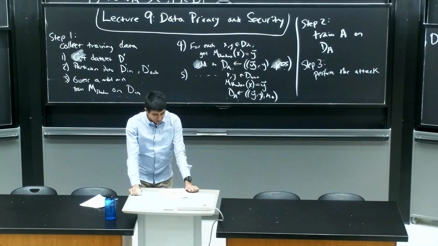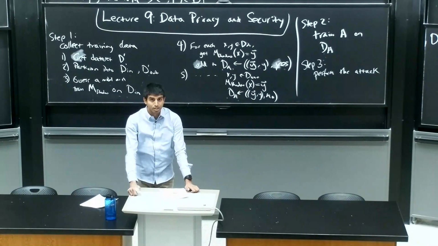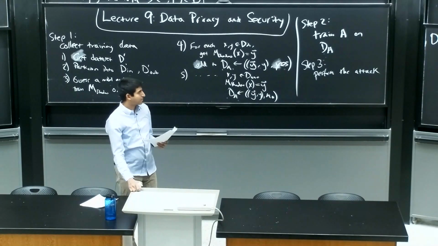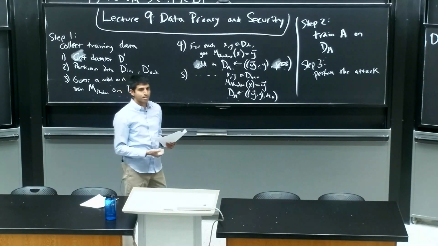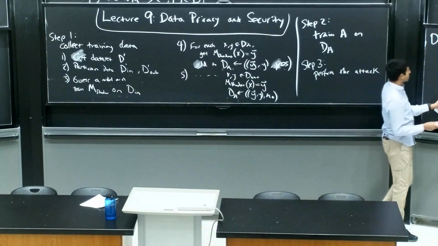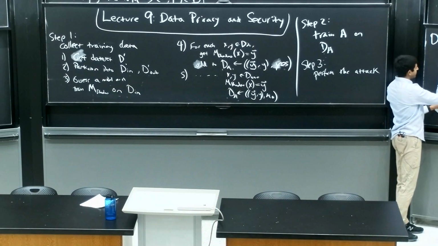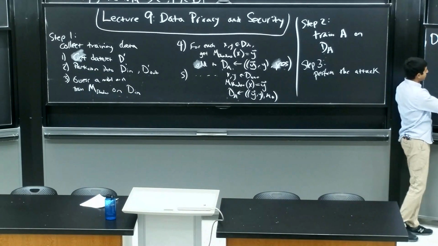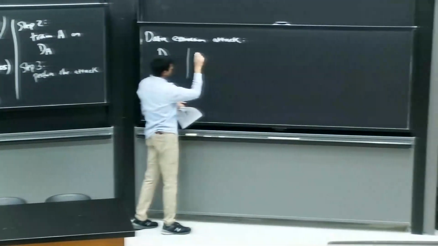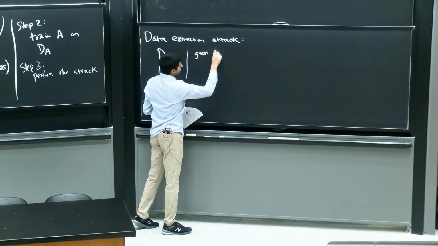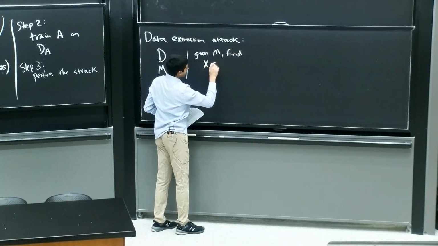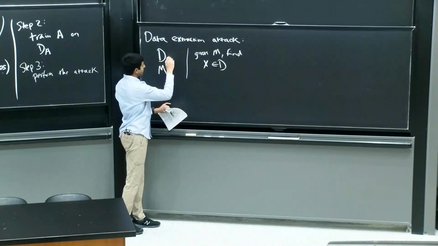And so based on that, there are techniques for trying to extract some of this training data from a model. So this attack just involves, given a model, trying to figure out what was a data point used in the training set. So a little bit different than membership inference, because we don't start with a data point here. We have the data set D that we have a model M train on, and then the attack is like, just given M, we want to find some X that's from this training data set D.